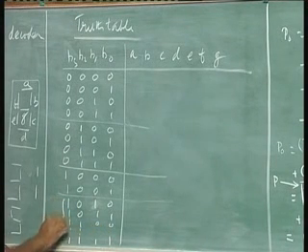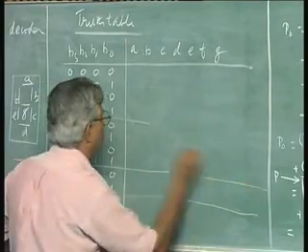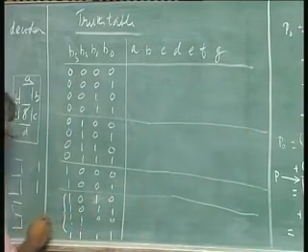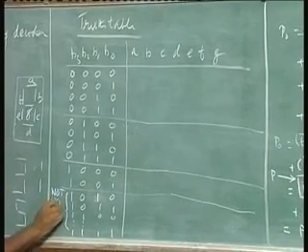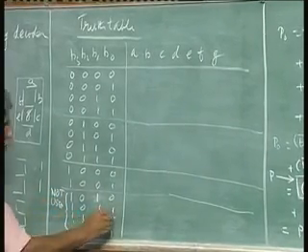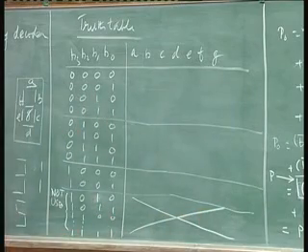These 6 rows are not used. So they will have big don't cares. I will put a big X. All the columns are don't cares for all of these rows.